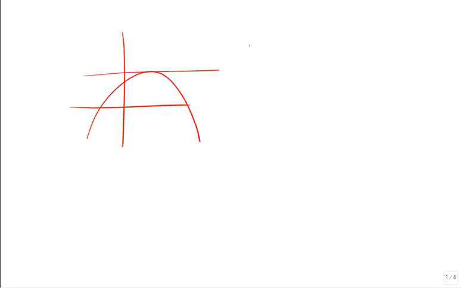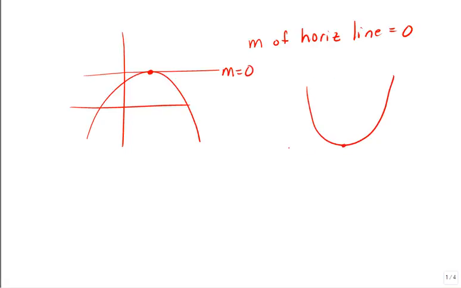Well, what do you think the tangent line would be in this case, the slope? The slope of a horizontal line is 0. So at this point right here at the vertex, the slope is 0. Or if you had a parabola opening up, that's a horizontal tangent line, so the slope is 0.